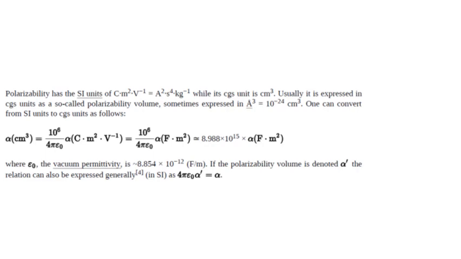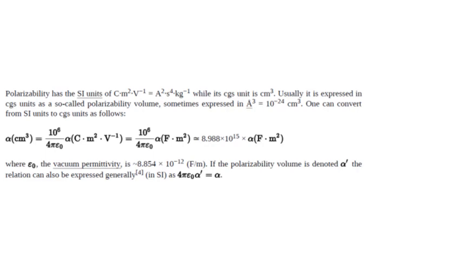In CGS, we can also write it in centimeter cube. Usually it is expressed in CGS units as a so-called polarizability volume, in centimeter cube, sometimes expressed as 10 to the power minus 24 centimeter cube.